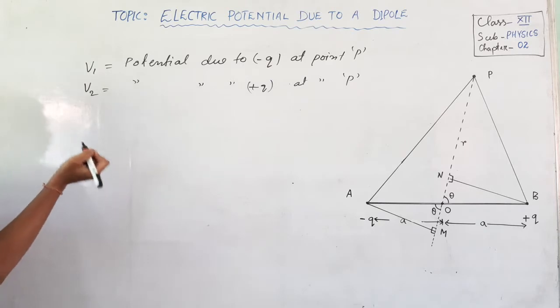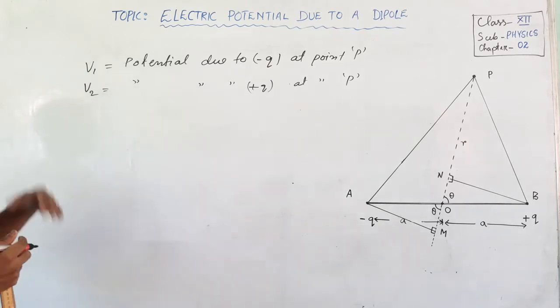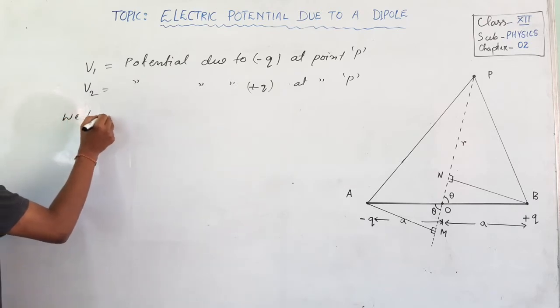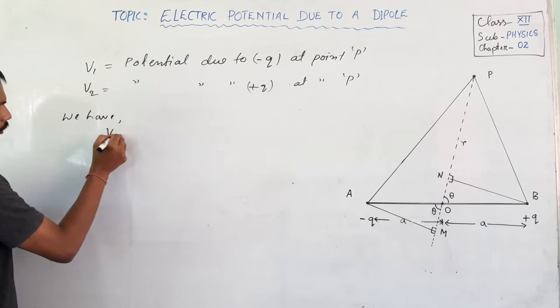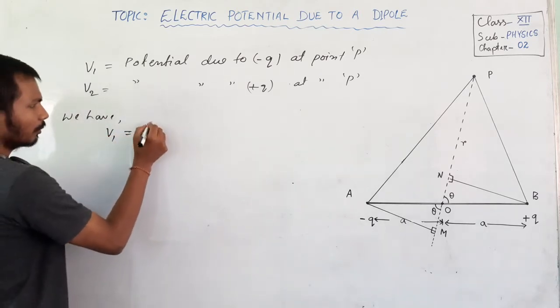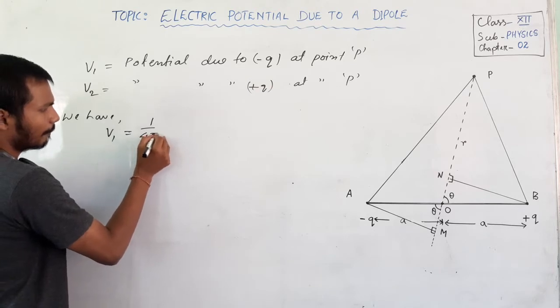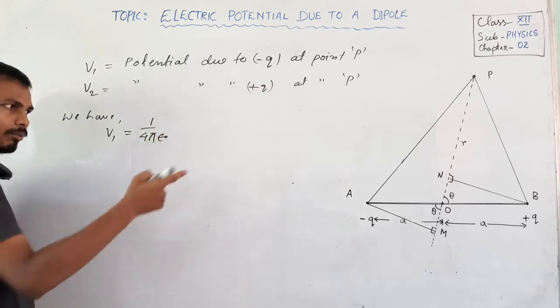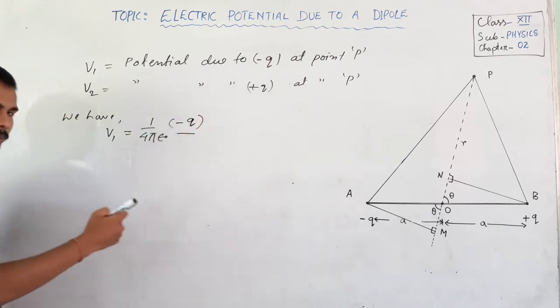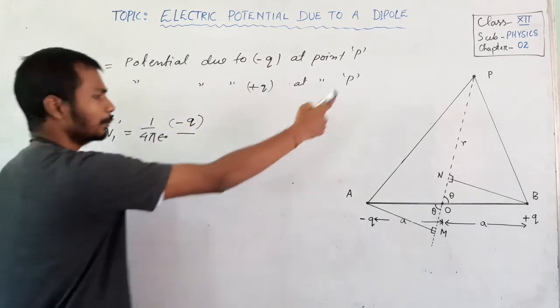So what is the value of V? As per the previous knowledge, what is the value of V1? V1 is the potential due to a charge, equal to 1 by 4 pi epsilon naught times the charge, minus Q, divided by the distance between the charge and the point. What is the distance? PA.